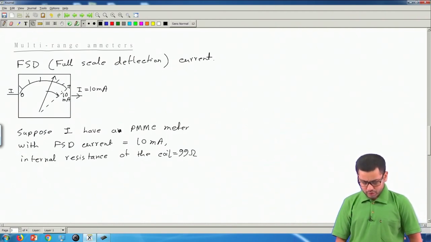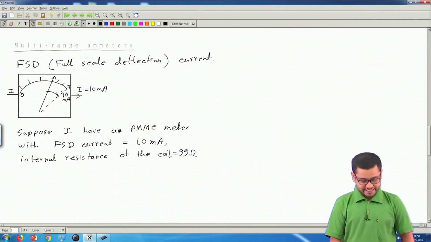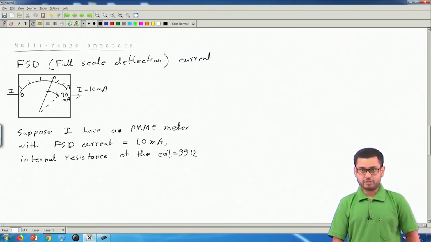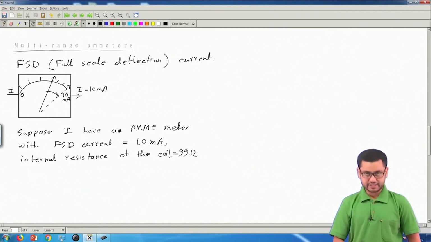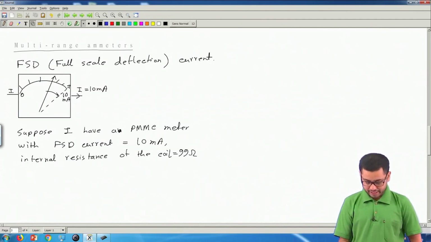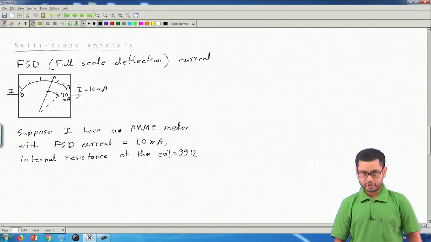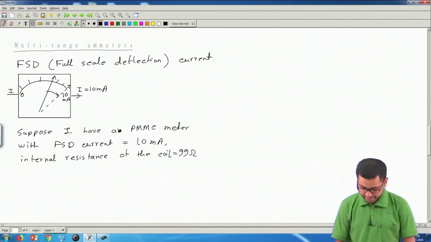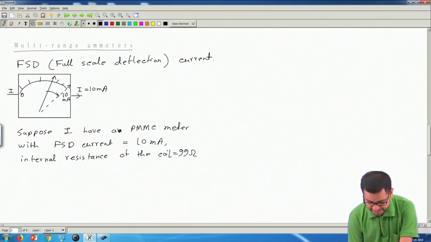But we can do a small alteration in this meter, so that we can easily measure 100 milliampere or 1000 milliampere currents with this meter. Any value of current greater than 10 milliampere we can measure. So what is that alteration? We have to connect a shunt resistance.